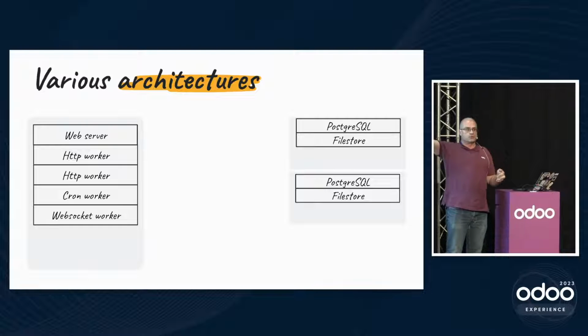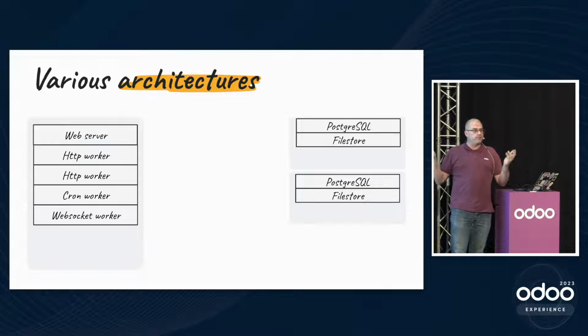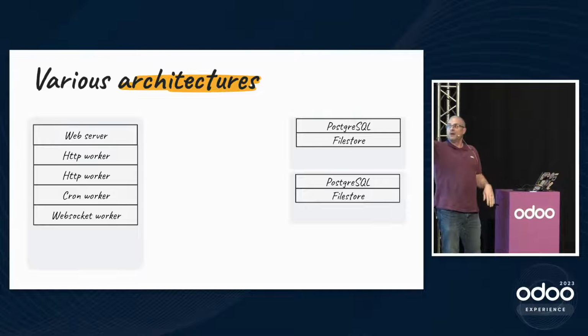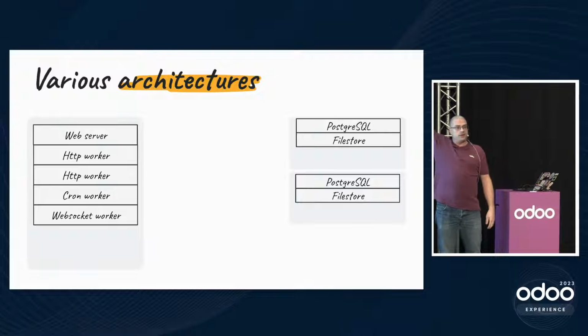You just have the source code. So you can just take an image of the machine, restore the image on another machine, and you have your Odoo up and running. So nothing is saved on the Odoo machine; everything is saved on the data layer, the PostgreSQL and the file store.